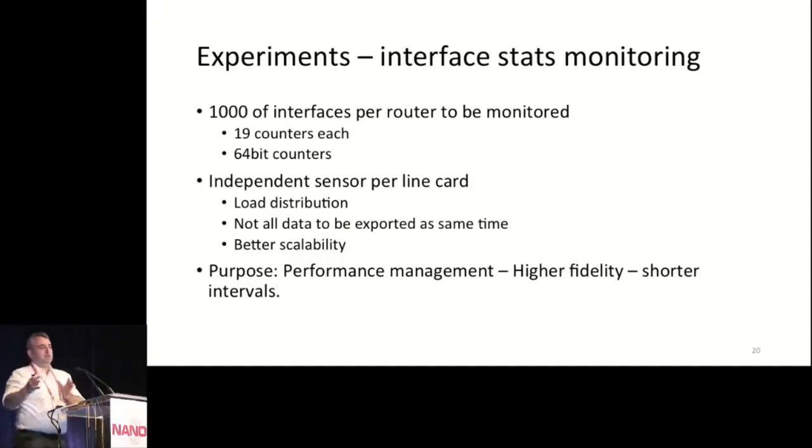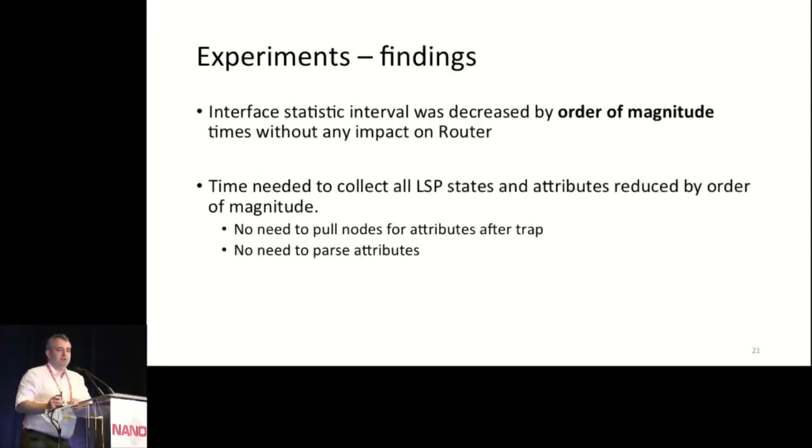And because we have multiple line cards as sources, we also have some smearing of the reports, even if the interval was equal, because each line card generates the report at a different time. The purpose at the moment is just general performance management, but on short intervals, to better see how dynamic the traffic is and how it is changing.